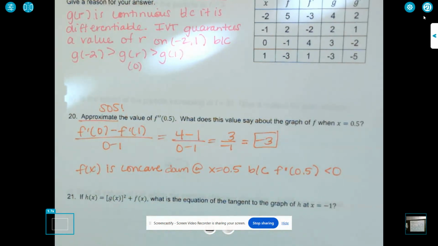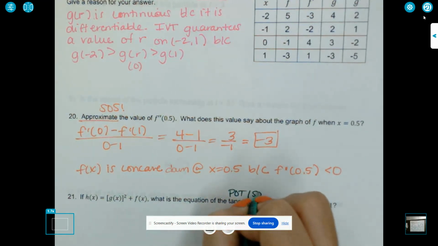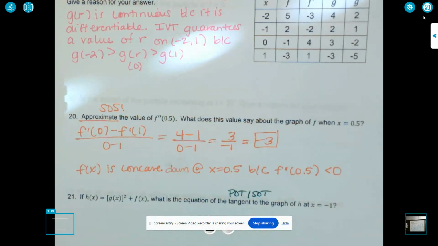Okay, all right, number 21. h of x equals g of x squared plus f of x. What is the equation of the tangent line? So the pot and the sot. We're thinking pot and sot here of the graph of h at x equals -1.